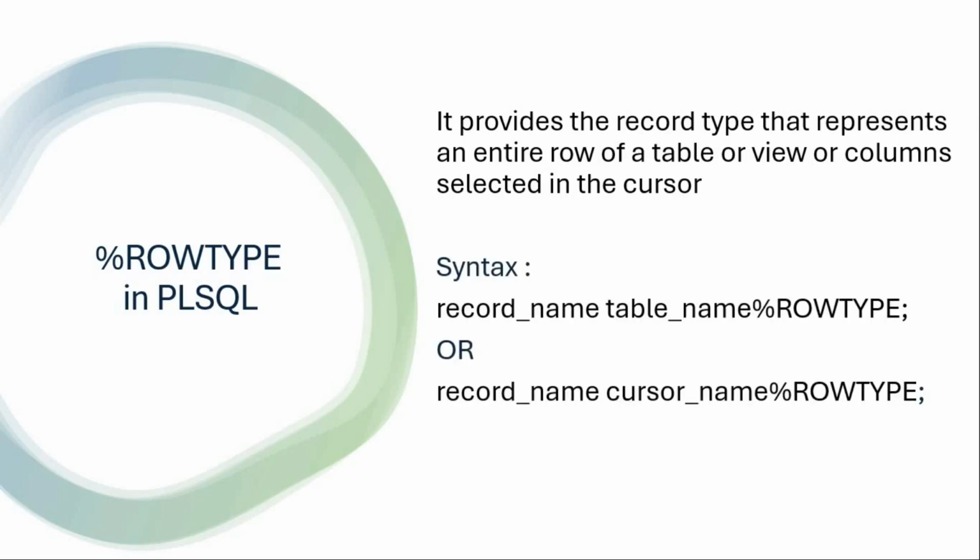Now if we see the syntax of the row type, then we have to mention the record name. Then in case of data type, we have to refer table name percent row type, or it can be view name or cursor name percent row type.